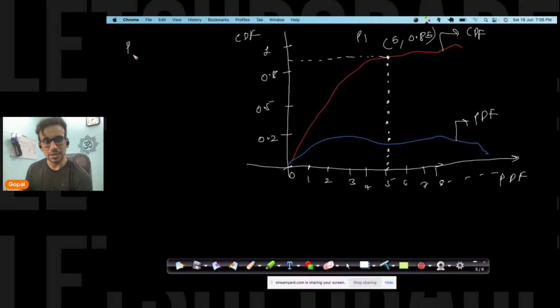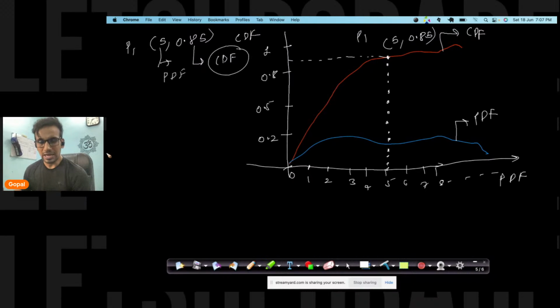So P1 is given as 5, comma, 0.85. This 5 is your random variable value from a Gaussian distribution, and this is your CDF value. Now what exactly do we care about in this certain region?